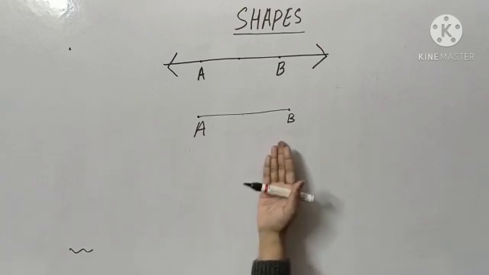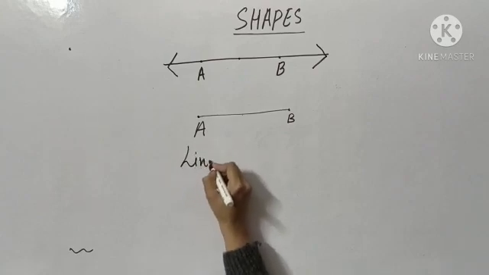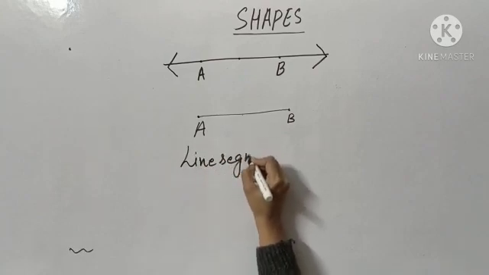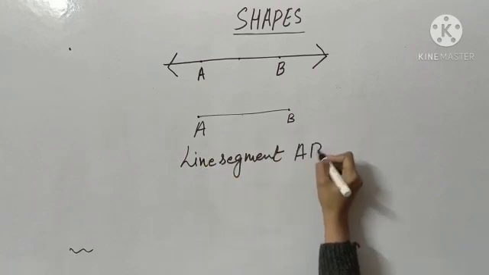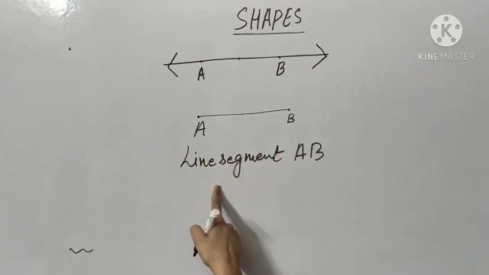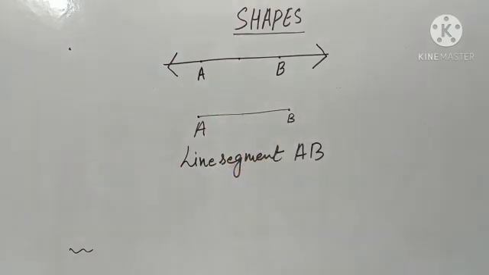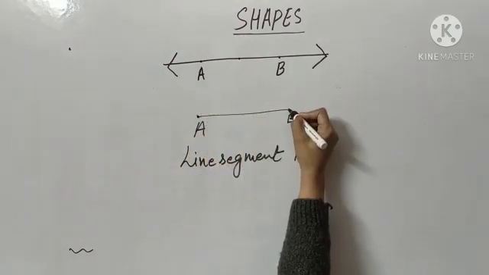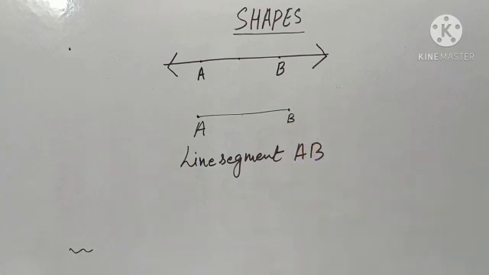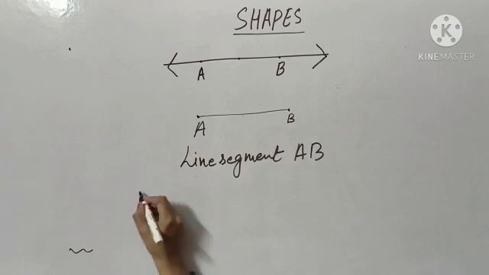So, what is this? This is my line segment. And what is the name of this line segment? AB. That means line segment is a part of line. And it has two end points. You can see it has two end points. This line segment is not having arrow.